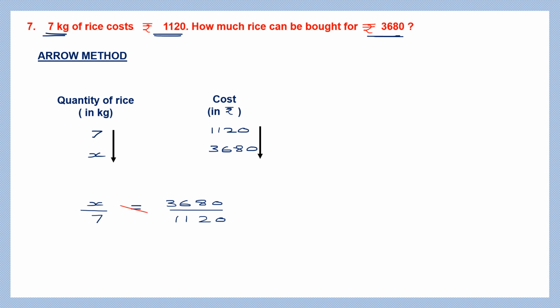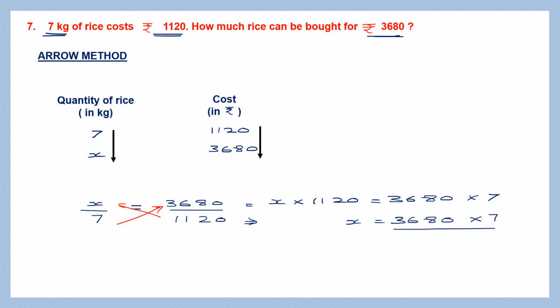Now we cross multiply. And what do we get? Here we get x into 1120 is equal to 3680 into 7. So now we're going to find the value of only x. So x is equal to 3680 into 7 divided by 1120.